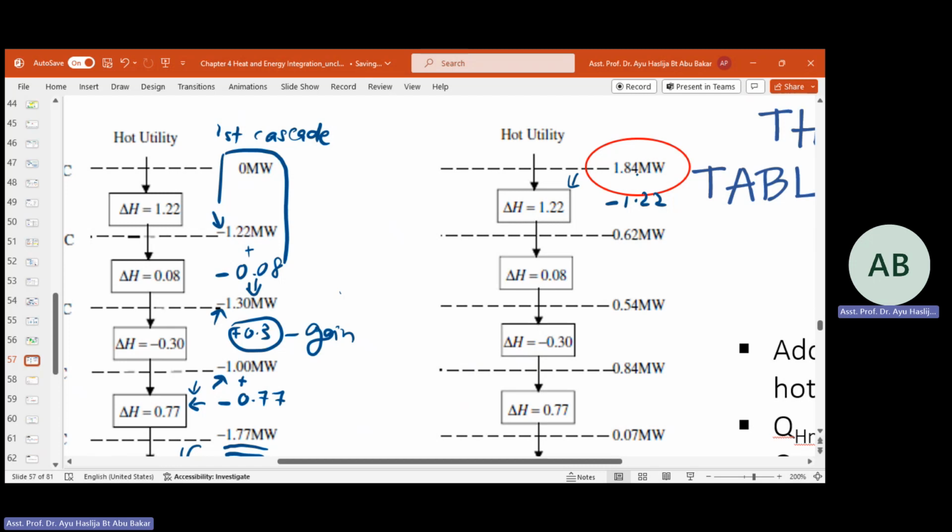Okay, 1.84 minus this, you get this. Going down, 0.08. Here, supply, because the delta H is positive. This box, negative 0.3 means you gain the heat. So here plus 0.3.